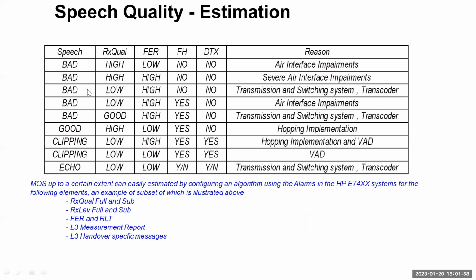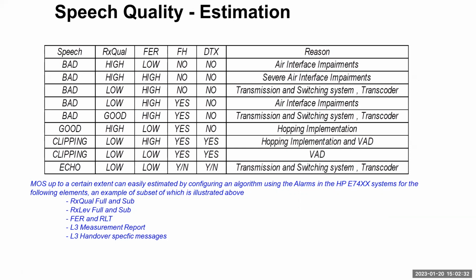Another reason for bad speech: when RX quality is low and FER is high and DTX and frequency hopping are no, there is a transcoder error or a transmission system error. So we can identify this by seeing the parameters in the live drive test tool: RX quality, FER, frequency hopping and discontinuous transmission.